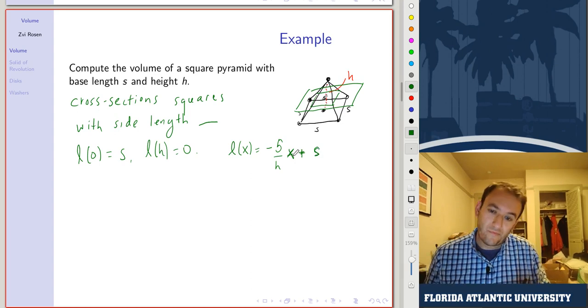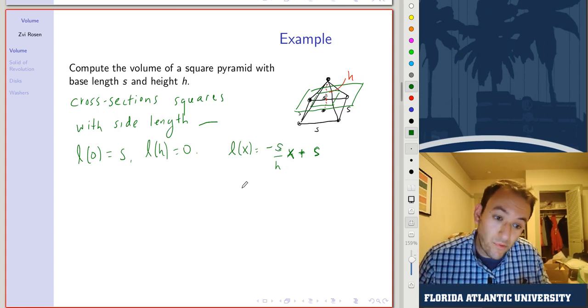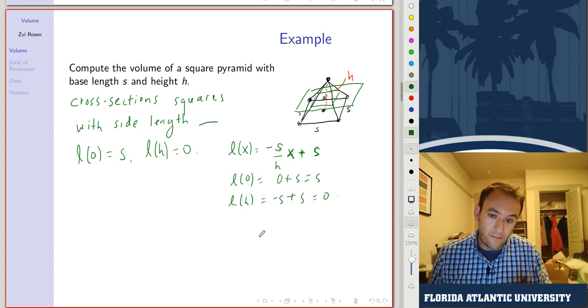Okay. I'm just going to clean this up a bit. Minus s over h times x plus s. And if you plug in L of 0, you see the first term goes to 0. So that's s, which is what we want. And if we plug in h, we get minus s plus s, which is 0, also what we want. Okay?